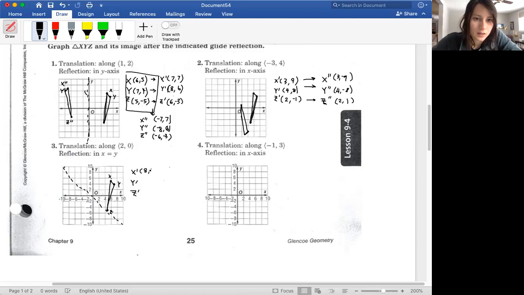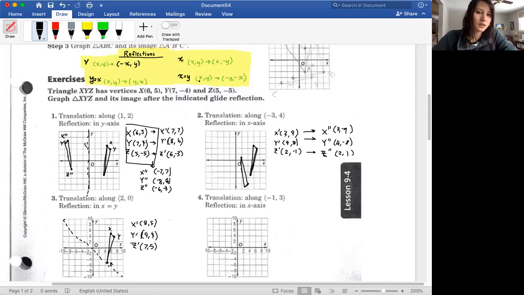8, 5, 9, 4, and 7, -5. Okay, for this reflection, if we look back up, x equals y, they both become the opposite and are switched in position.